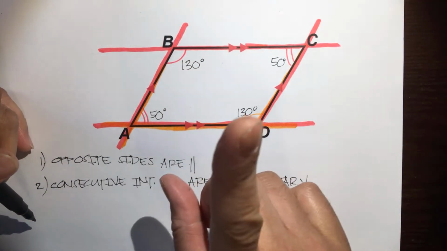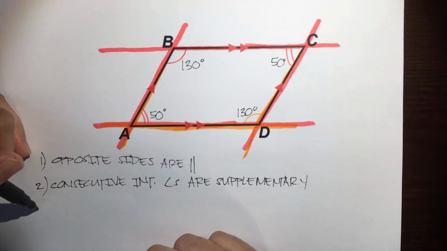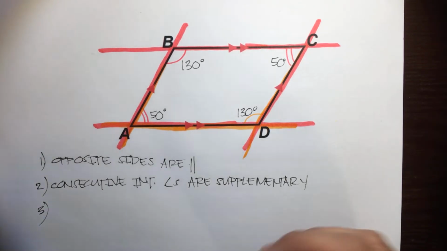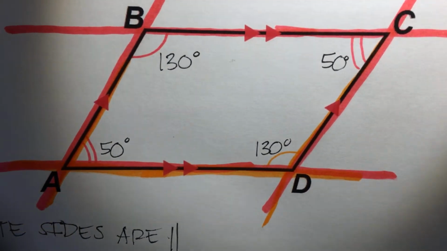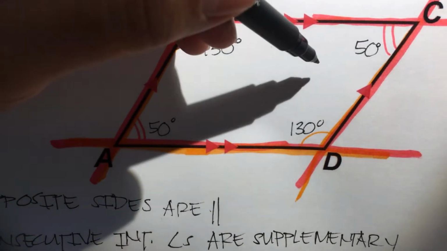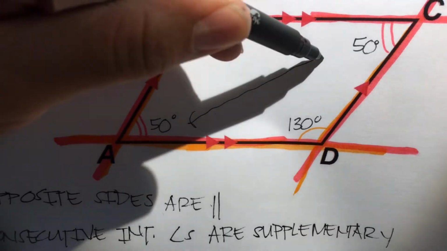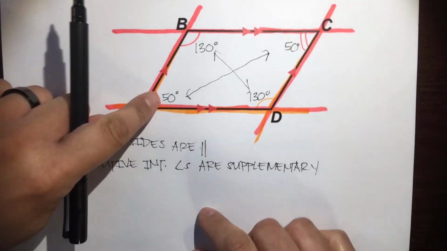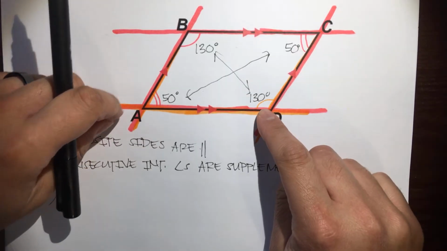But wait a minute, wait. Do you see a third fact there? Is there a third fact? Yeah, look close. Look at these opposite angles right here. What is true about these opposite angles? Yeah. This one has two arcs, this one has two arcs, this one has one arc, this one has one arc.